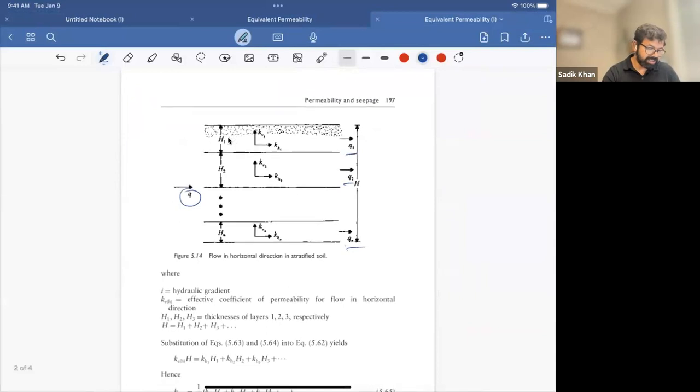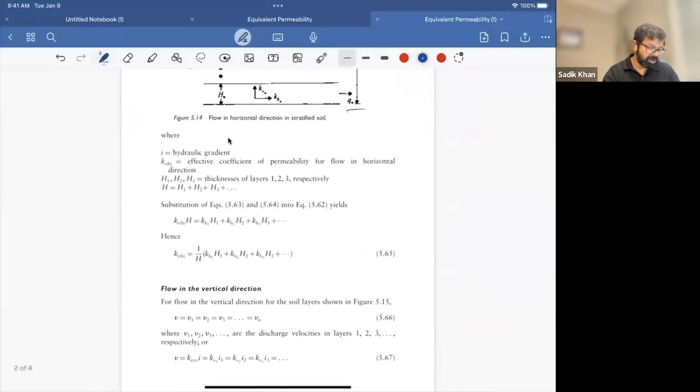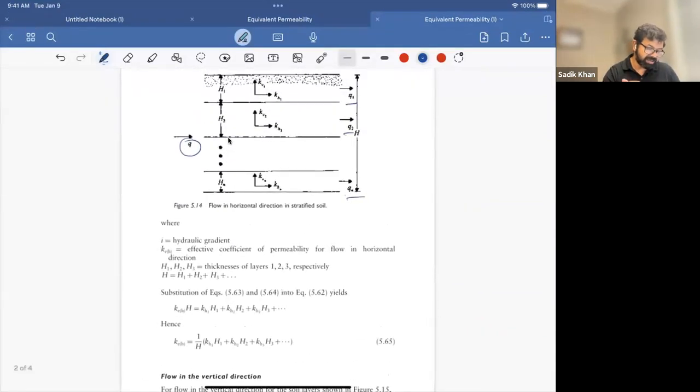So in this case, for the parallel connection, what's going to happen? There will be a hydraulic gradient that's going to be constant, right? So how do we derive the I?